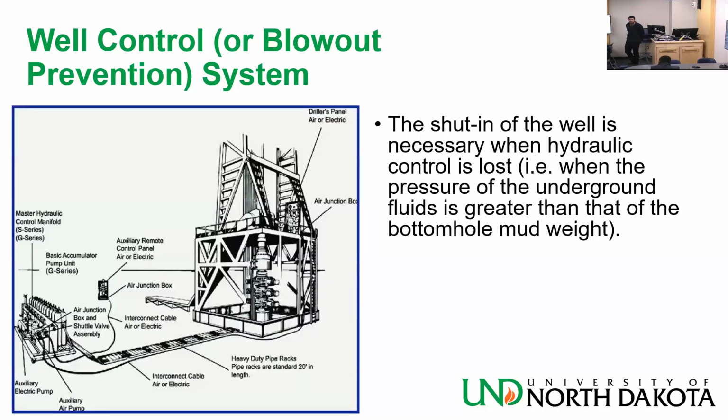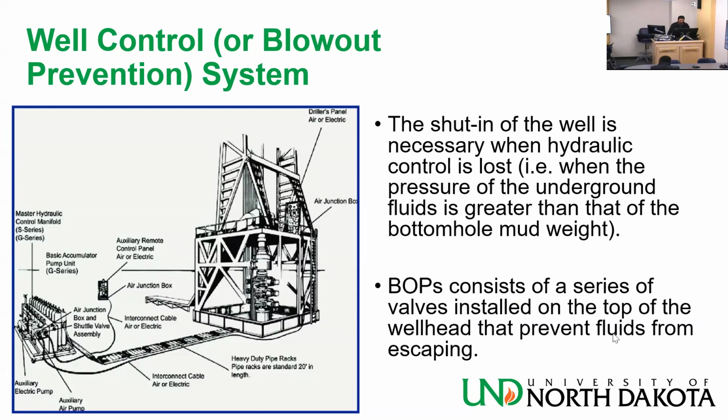What I'm trying to say here with a lot of words is simply this: now that you guys know my BHP is not enough to hold, I have a kick. I need to shut in the well. This is what I'm going to use, the BOPs, and hopefully I will prevent a blowout. That is their function, blowout preventers.